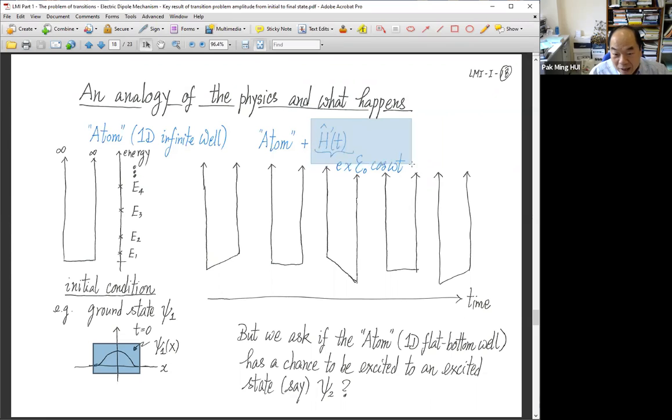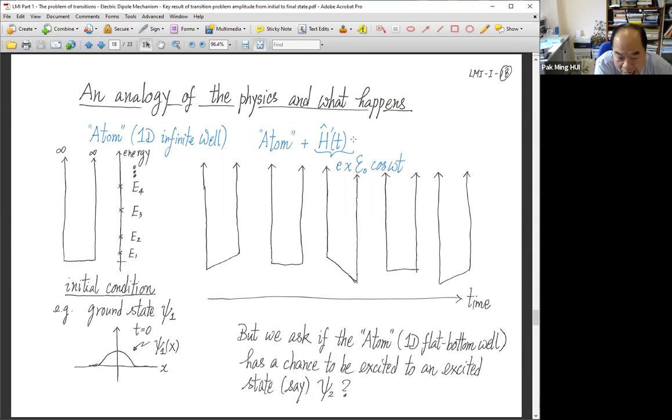Now, you have a sinusoidal oscillating cosine omega t interaction. So pictorially, it is equivalent to an infinite well whose bottom is oscillating. Okay, so carry this picture with you. That is the kind of problem we are asking.